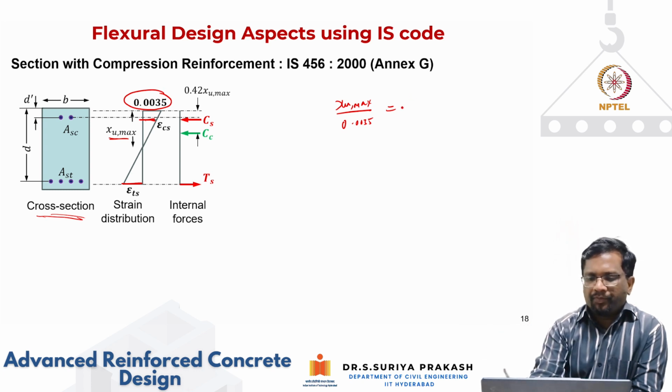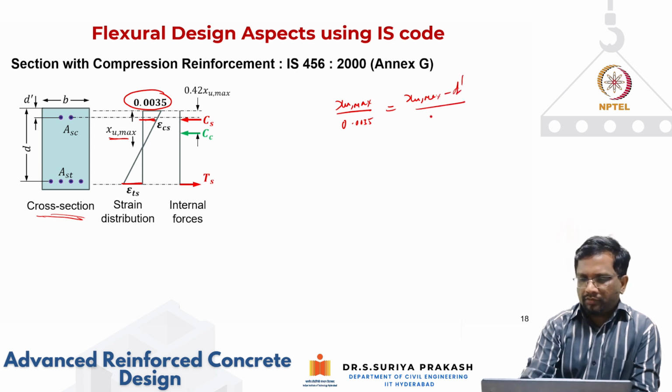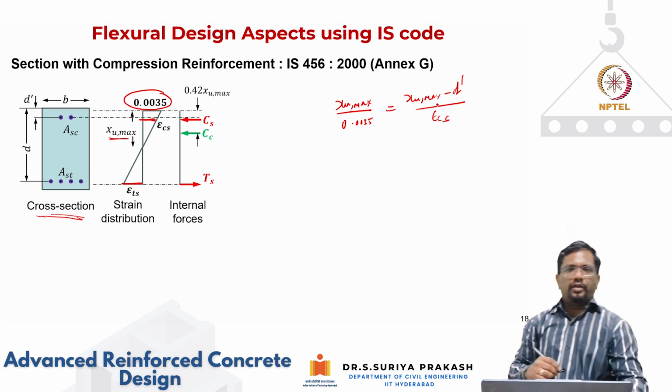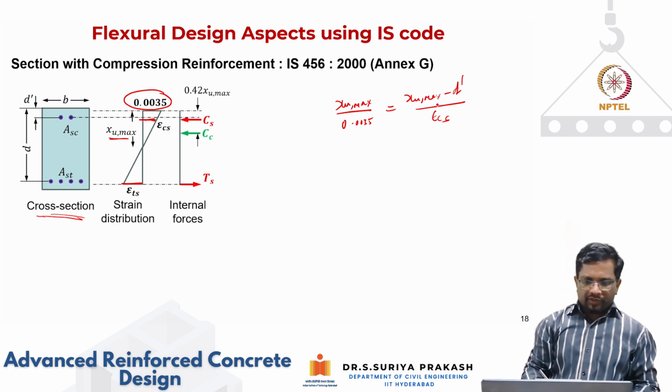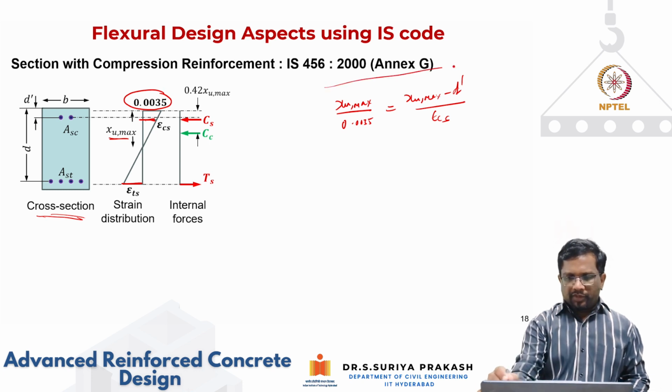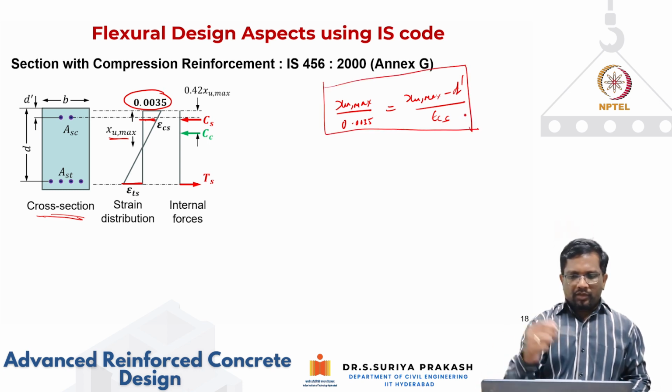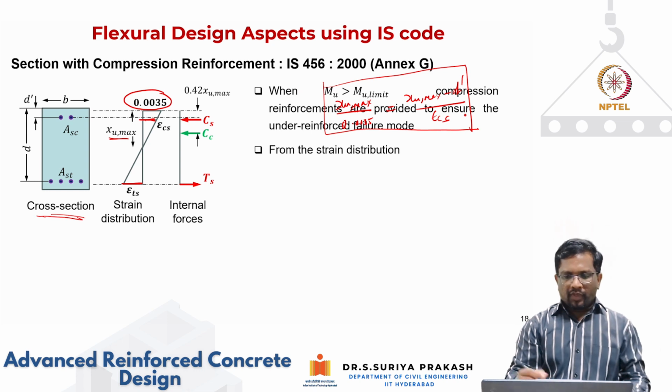It is going to be xu max minus d prime by epsilon sc. So from here, I can calculate the strain in the compression steel. It's just from your similar triangle.